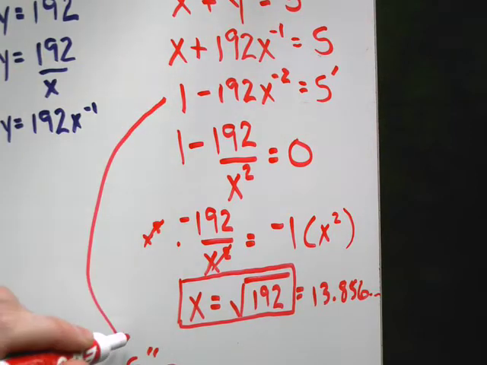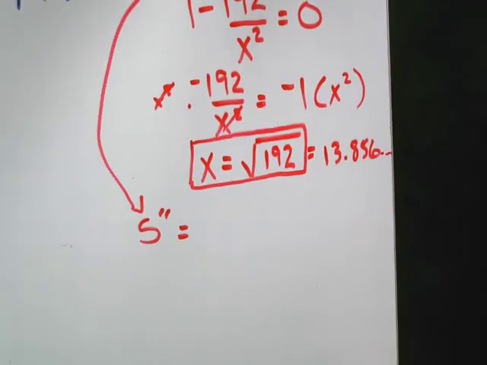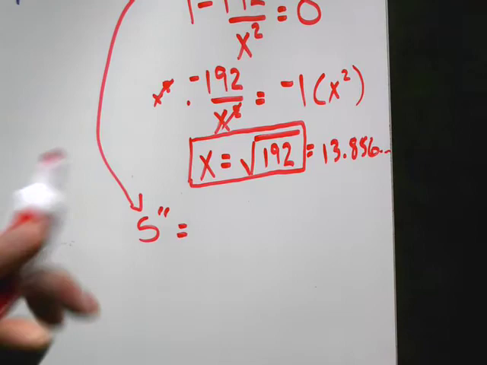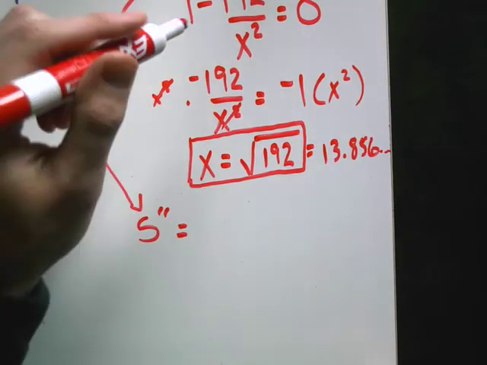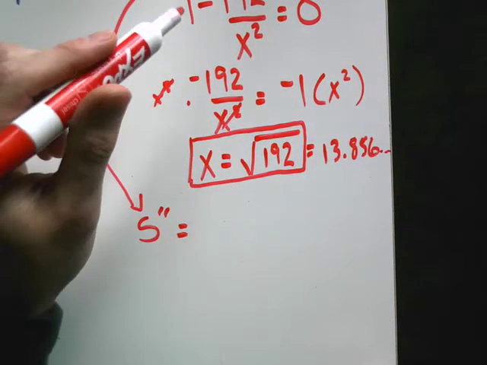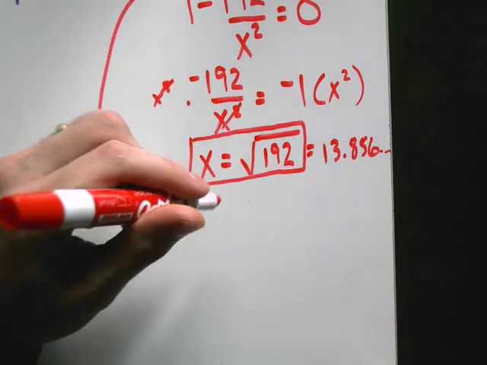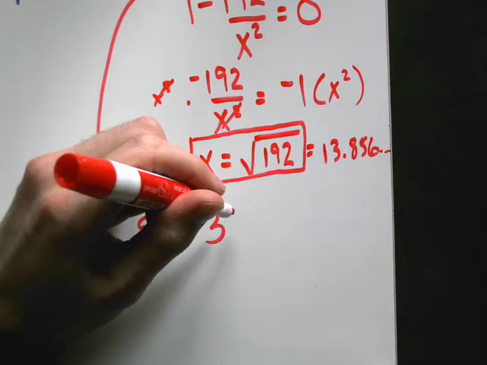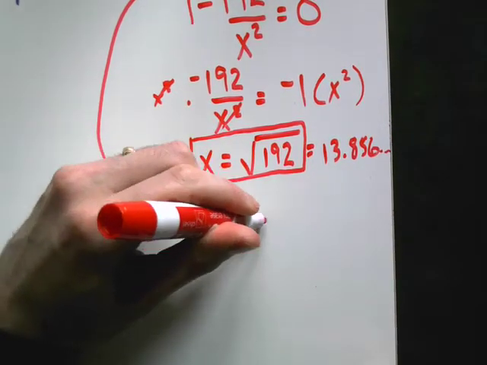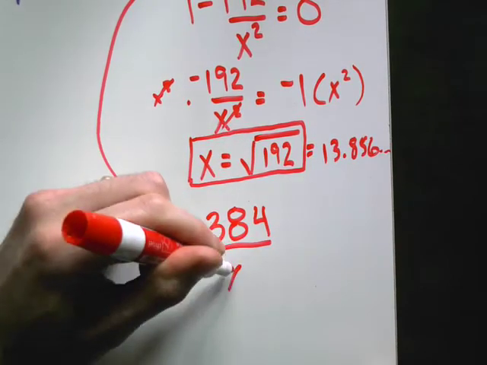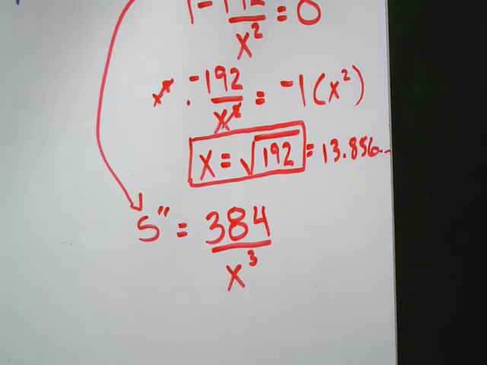If I take that down here and take my second derivative, and you guys can look back at your notes, but second derivative, I'm going to go negative 192 times negative 2 is 384 over x to the third, okay?